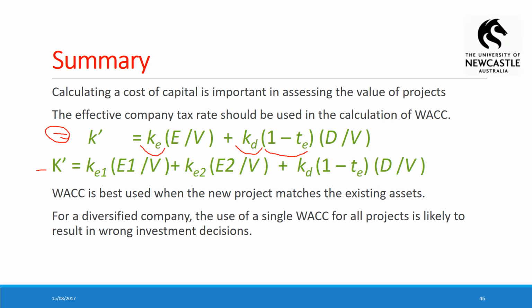Then we times it with the total value of debt to the total value of firm. Okay. We also have a second approach to calculate the overall cost of capital, which we'll be going through in the workshop later on. With this approach, we directly measure the weighted cost of individual instruments, right?